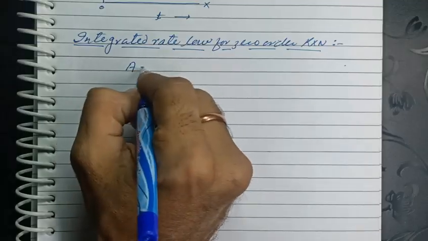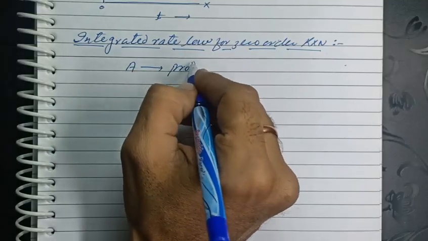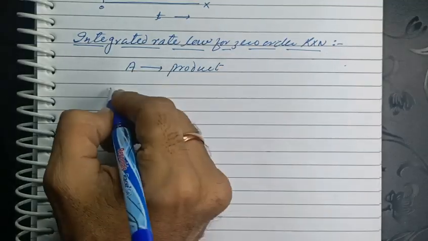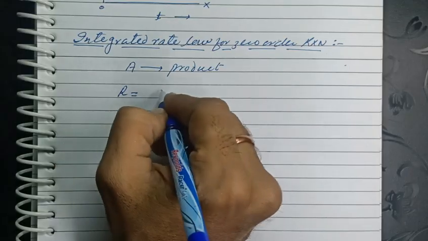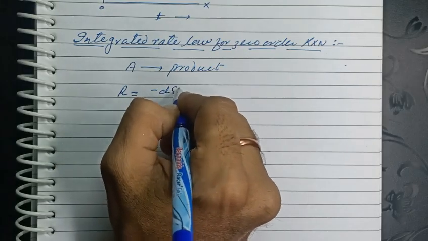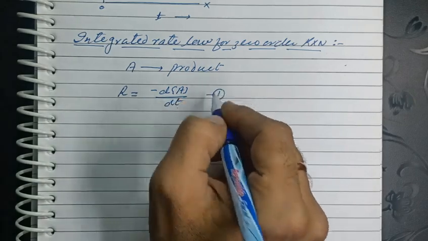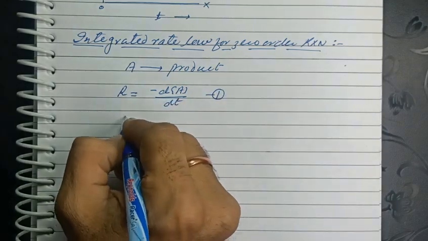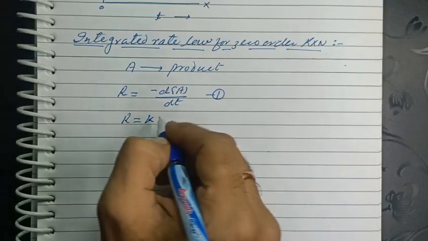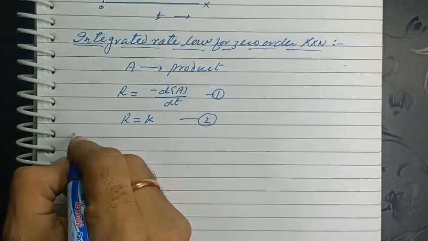Again, let A form product, differential rate will remain the same, dA/dt. Rate law is equal to K, for it is zero order reaction.